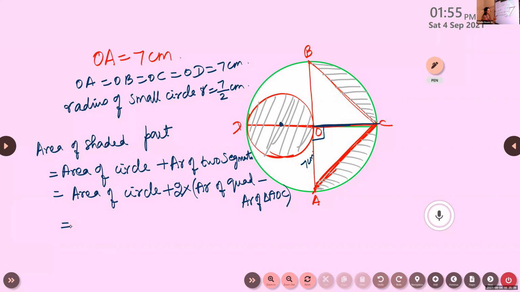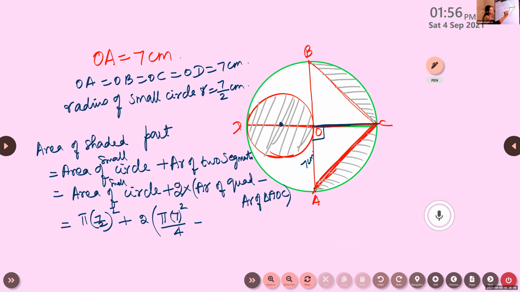For the smaller circle, radius is 7 by 2, so pi r square, plus 2 into area of the quadrant. For quadrant AOC, the radius is 7, so pi r square by 4 minus area of triangle AOC.